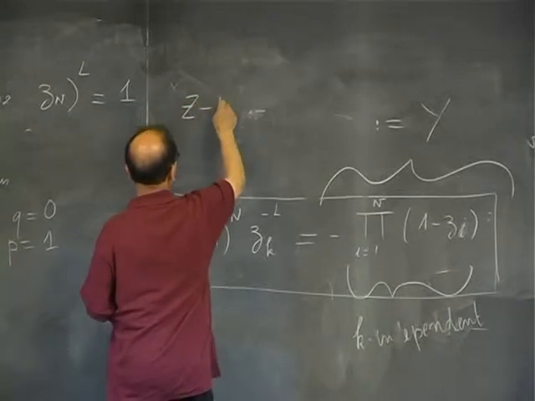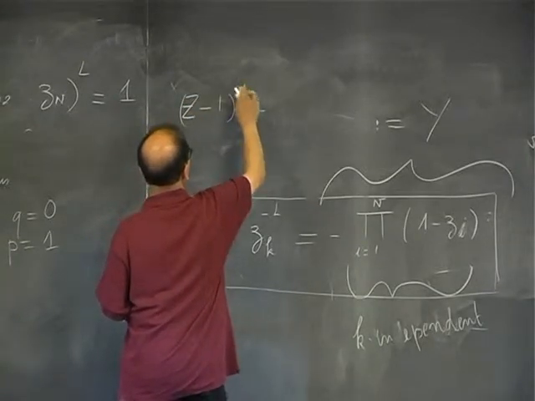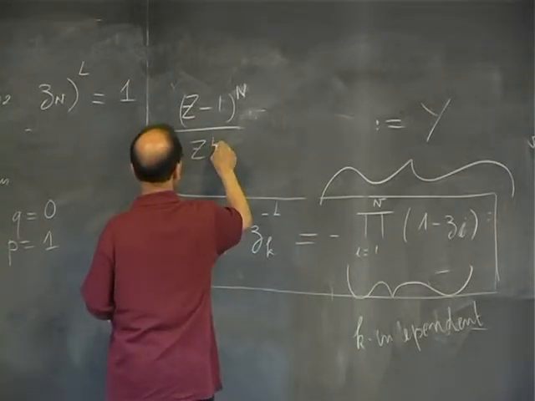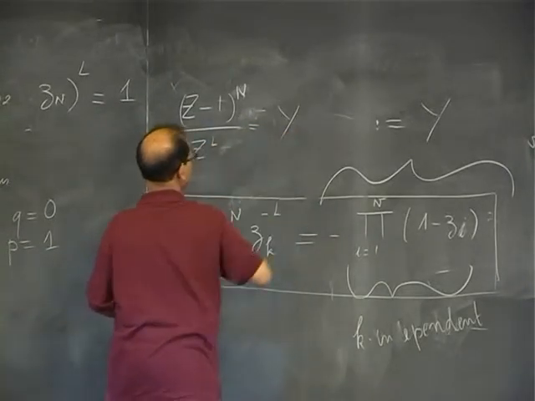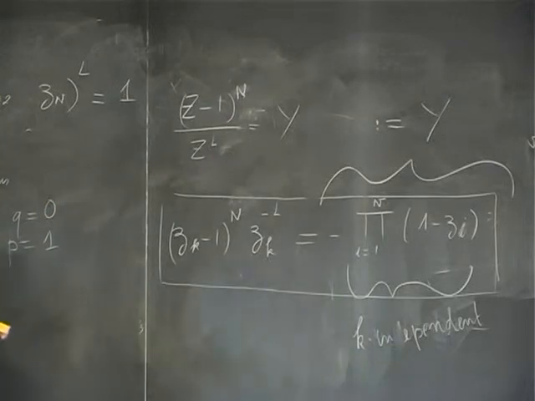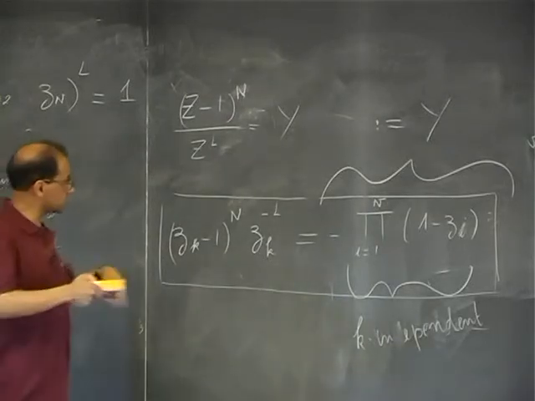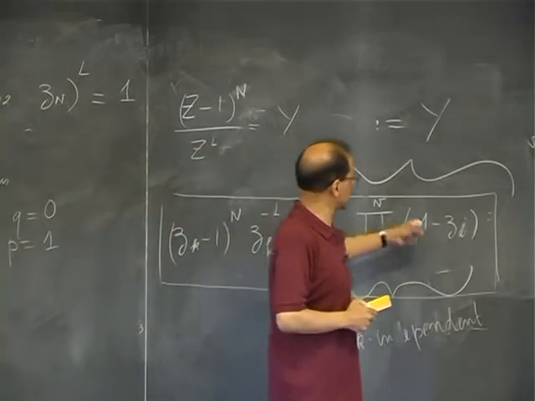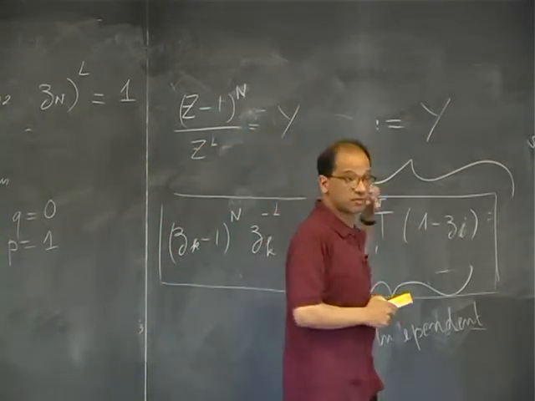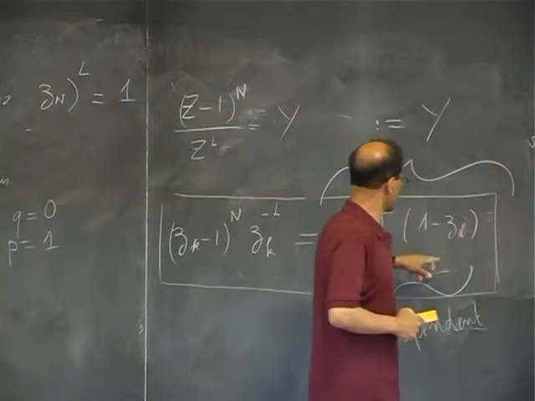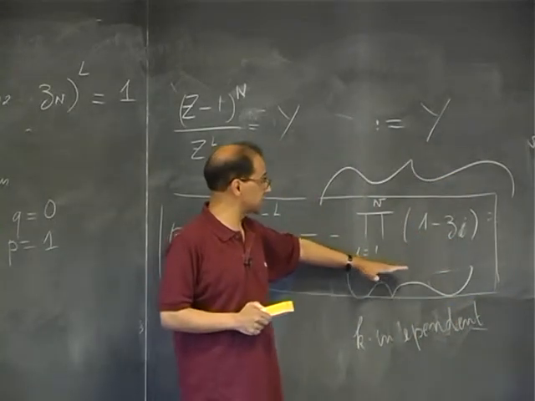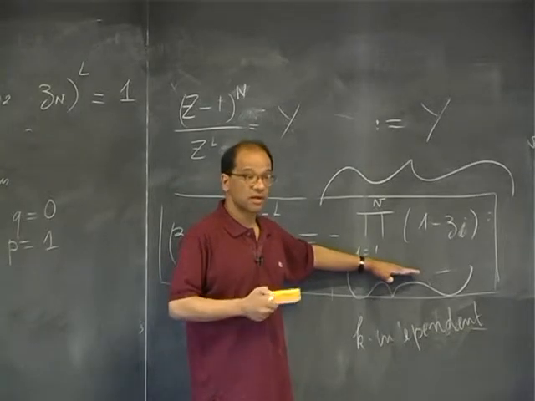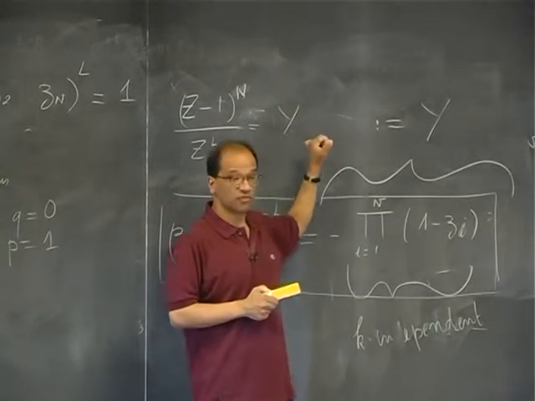So you just have to solve the following equation: (z minus 1) to the power n, divided by z to the power L, equal to y. Okay, and then of course you have to substitute the roots of this equation into y, because y is given self-consistently by this product, and you have to find the same value of y.